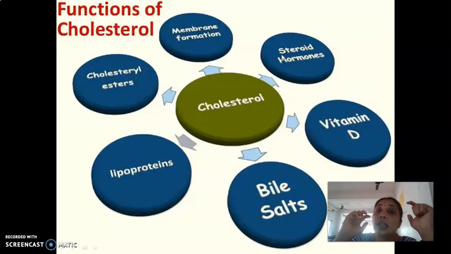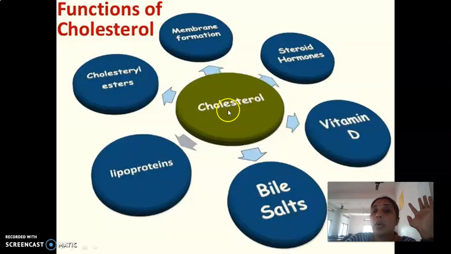Then there is a third class, the sex hormones or sex corticoids. They are responsible for controlling sexual behavior, that is testosterone, progesterone, estrogen, etc., the female and male sex hormones. So they are the steroid hormones, and all these steroid hormones are synthesized from cholesterol.